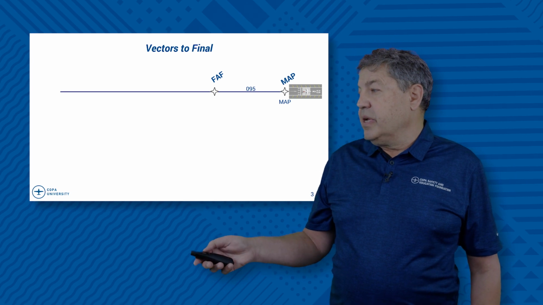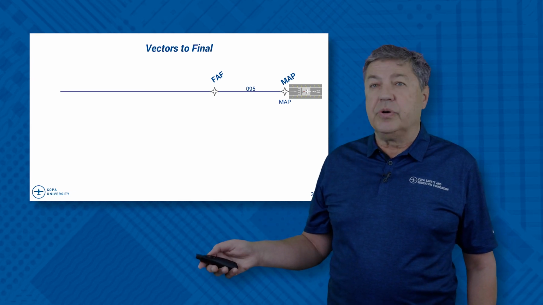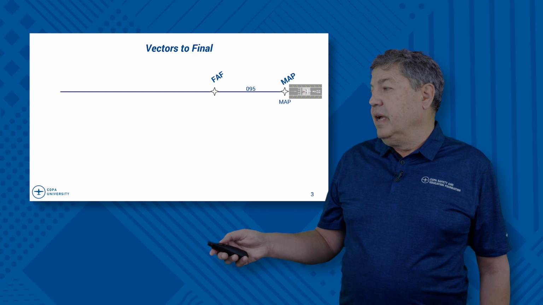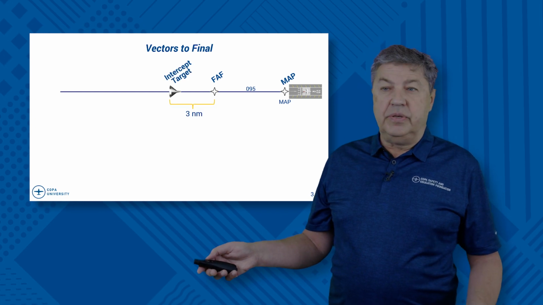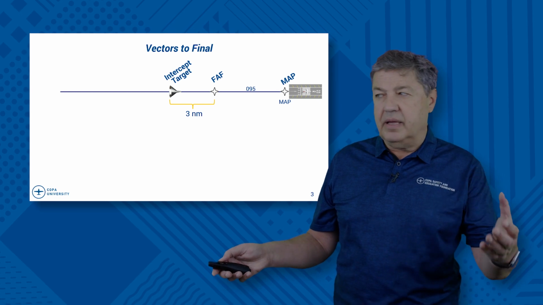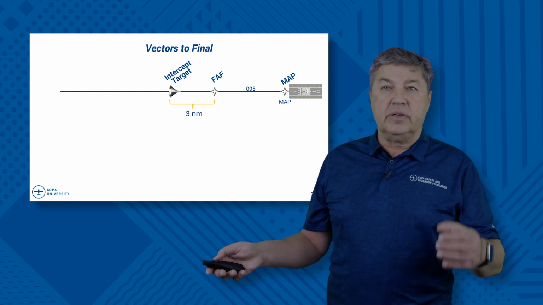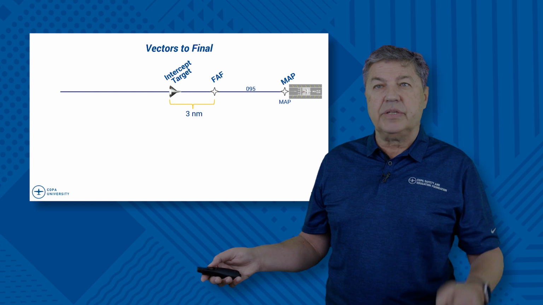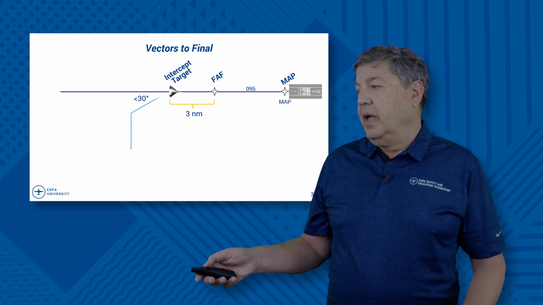In this example here, we have a final approach course of 095, and you need to know that the ATC has, simplifying here, an intercept target that is located 3 miles from the final approach course.